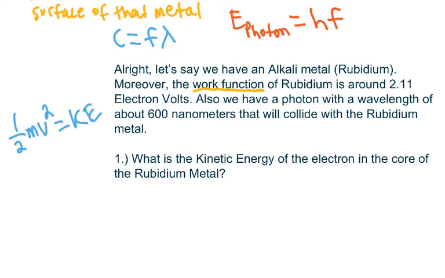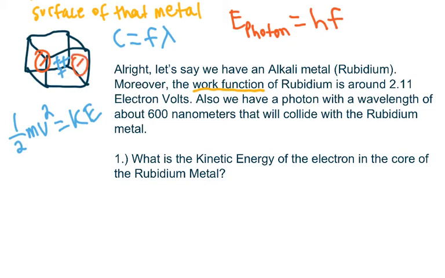Let's say we have our rubidium metal right here. I'm going to try to draw a cube for 3D. We have a bunch of protons in its core, and we know opposite charges attract, so our electrons are attracted to this.